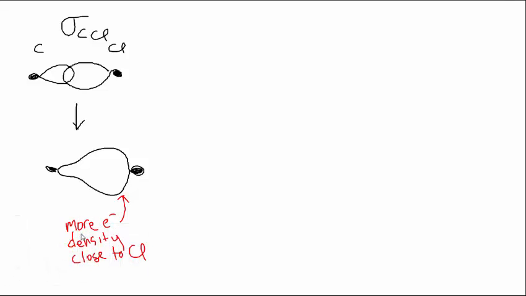The flip side is that if I want to see sigma star CCl, I have my carbon orbital and my chlorine orbital. Now the sigma star is going to have a greater contribution from carbon and a smaller contribution from chlorine.